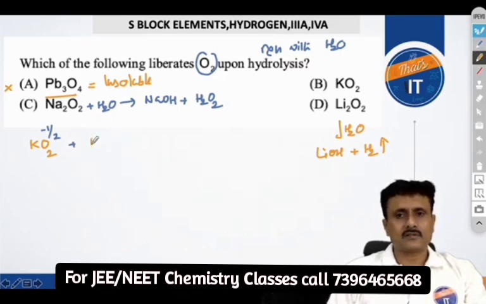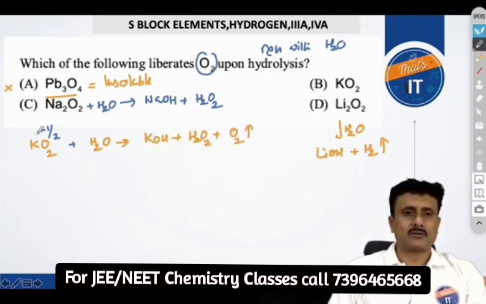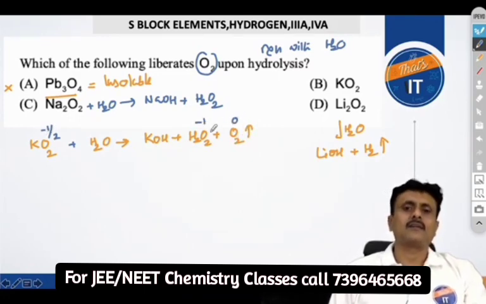when this reacts with H2O, the products obtained are KOH anyways, H2O2 and oxygen gas. You need to know that here oxygen is changing from -1/2 to -1 as well as 0.